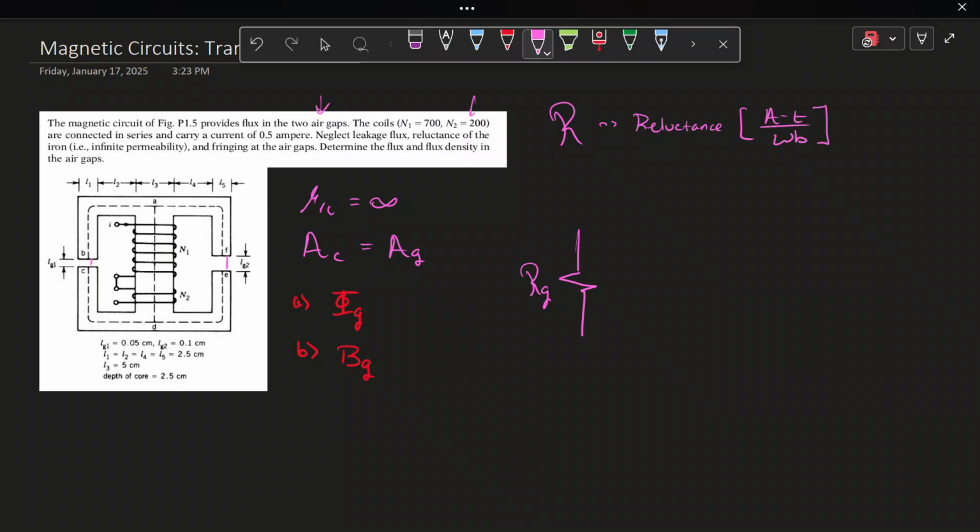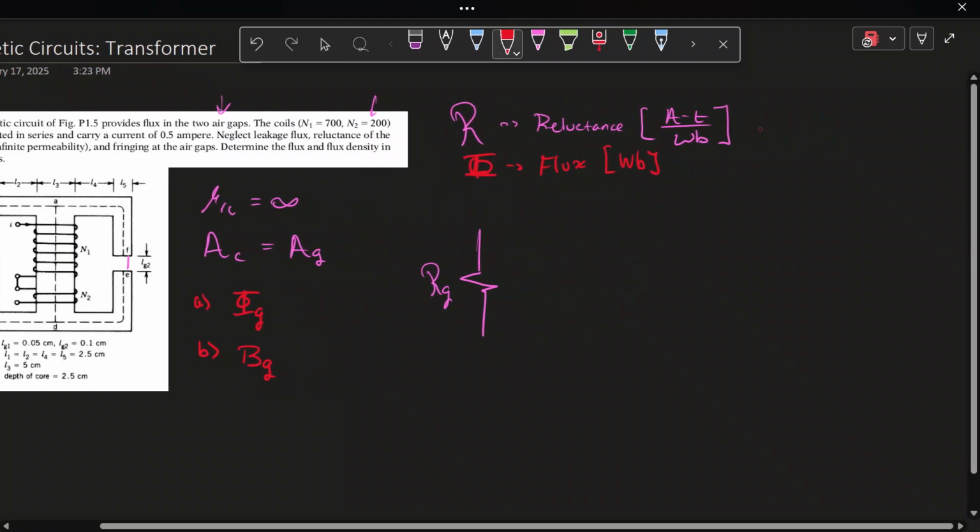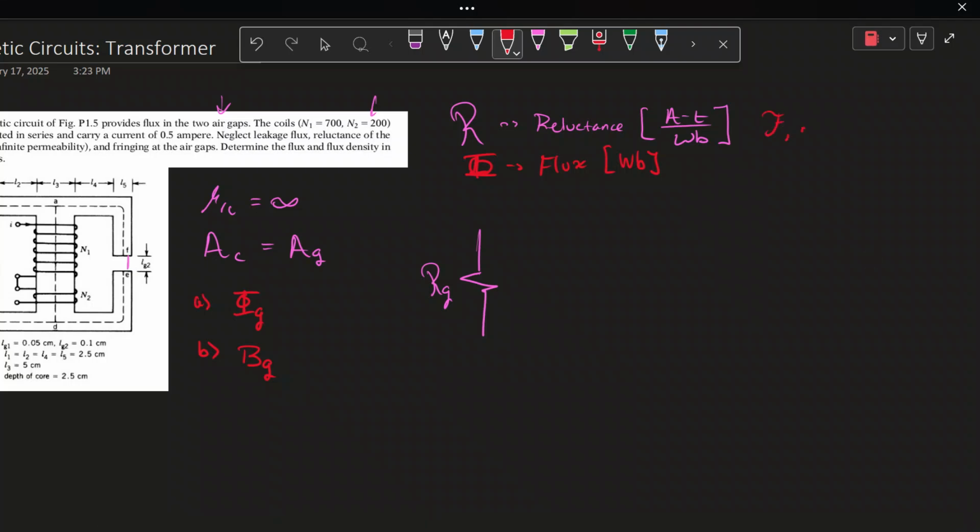So one thing I'm going to say for this class, at least the professors kind of already made this apparent, is units will be very important. So we have reluctance, and then we have flux, which is in Webers. And then we have the magnetomotive force. Sometimes you'll see me write it as MMF. This is going to be in units, if I remember, amp turns.